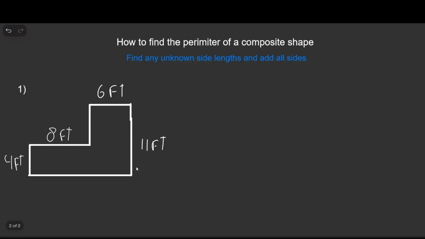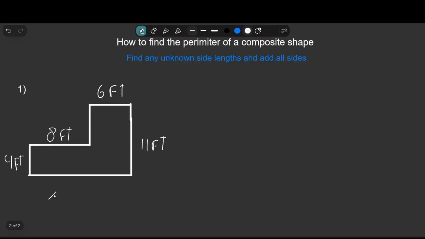Okay, so as you can see, we have 6 feet, 8 feet, 4 feet, and 11 feet. But we don't have these two sides. So we have to figure out with the other sides how long these sides are. So let's start with the bottom one, this one.